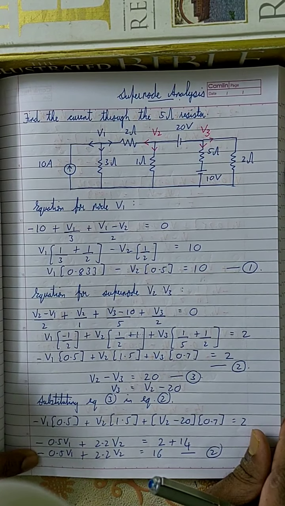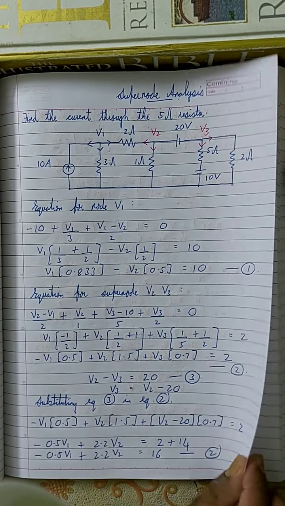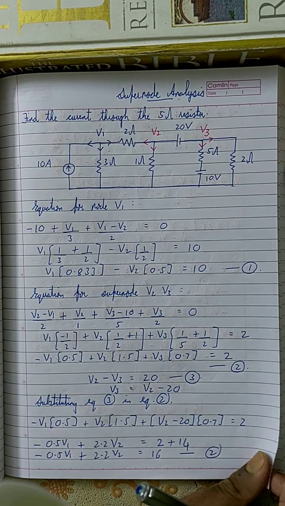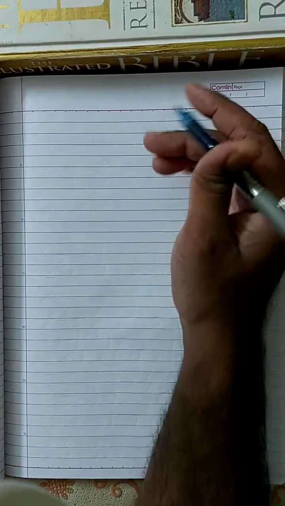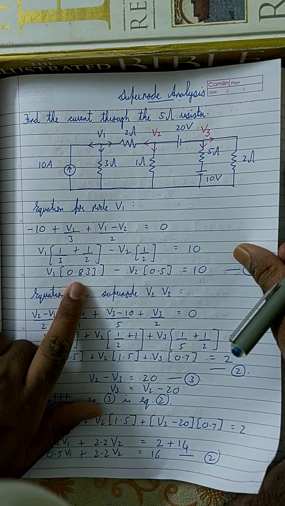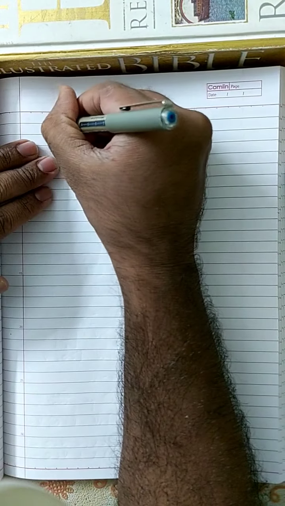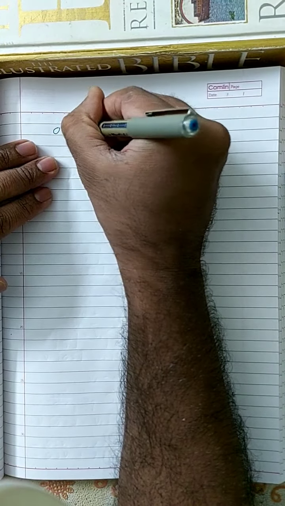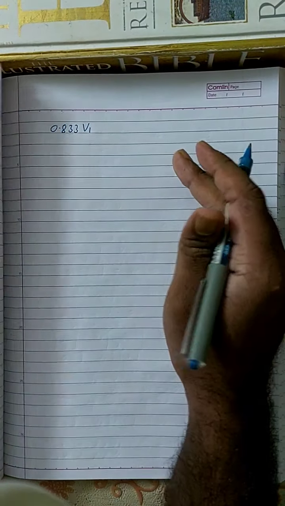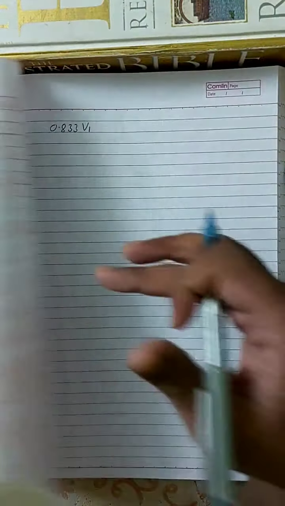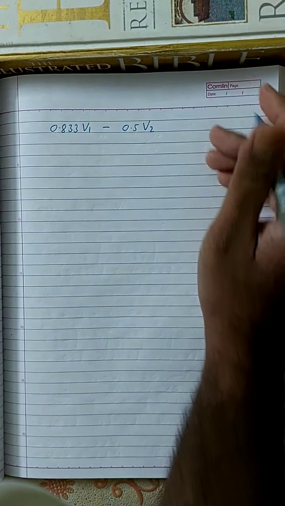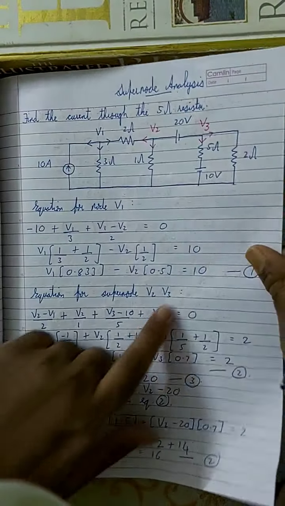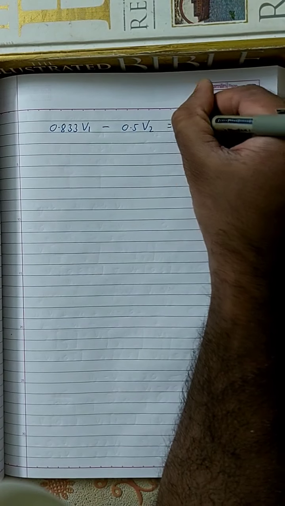This is the other equation. Solve these two, then I can find the value of V1 and V2. So what's the first equation? 0.833 V1 minus 0.5 V2 is equal to 10.